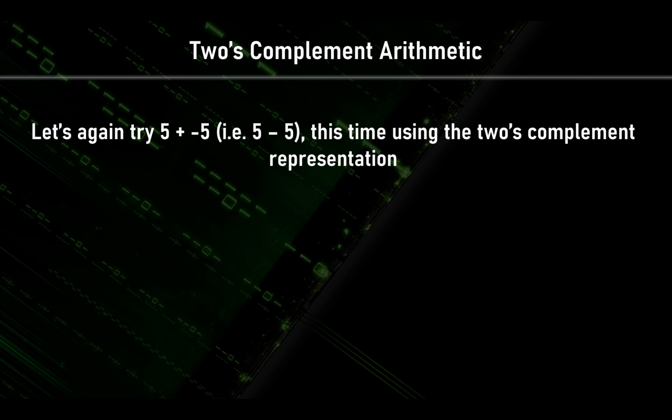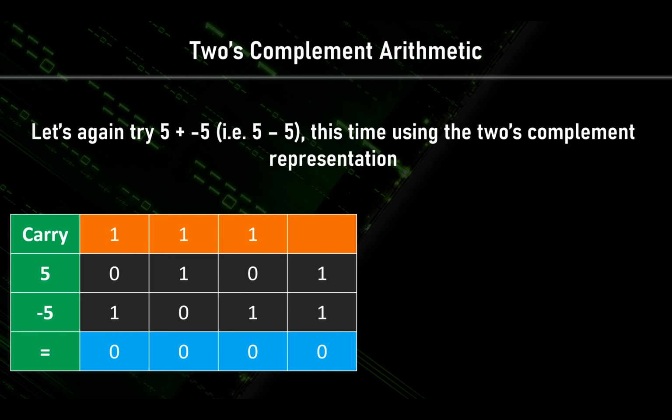Right, let's try again then. We're going to do 5 plus negative 5, this time using 2's complement. In this case, we have 1 plus 1, that's going to be 0, carry the 1. Then we have 1 plus 0 plus 0, so here we have 2 1s, therefore the sum is going to be 0, carry the 1. Here, 1 plus 1 plus 0, again 2 1s, therefore the sum is 0, carry the 1.